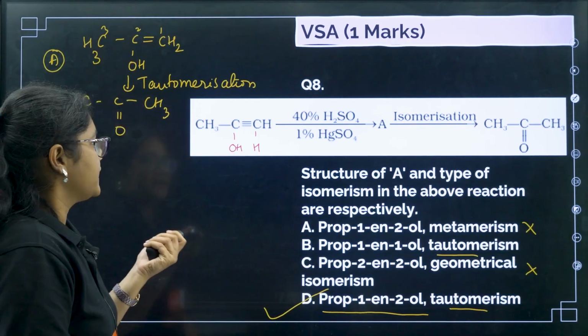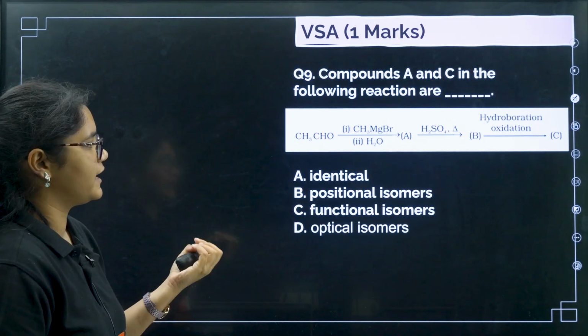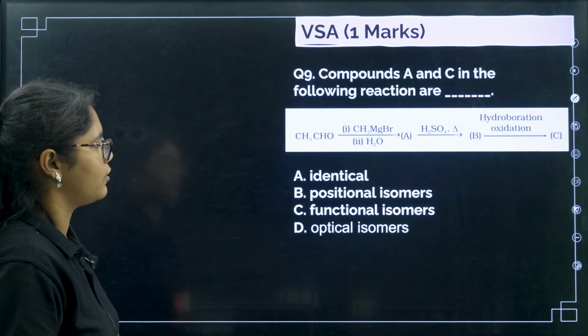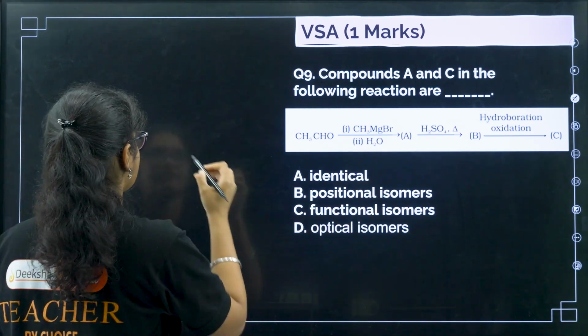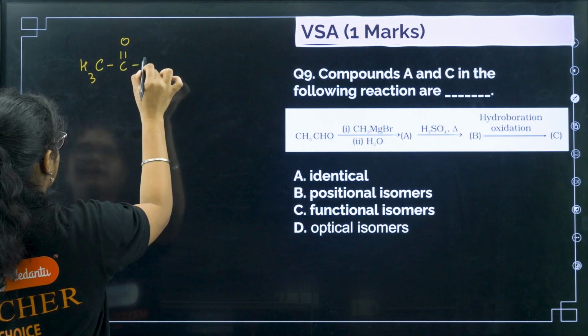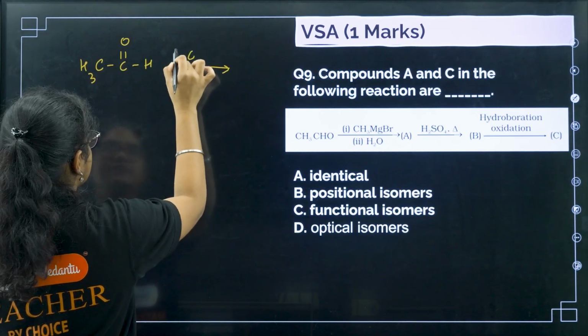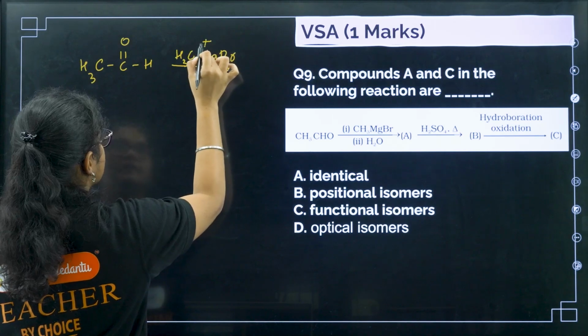Next question, compounds A and C in the following reaction are. We need to again predict all this. So CH3CHO with CH3MgBr, addition of Grignard reagent, a very easy step. CH3 C=O H and CH3MgBr, partial plus and minus.